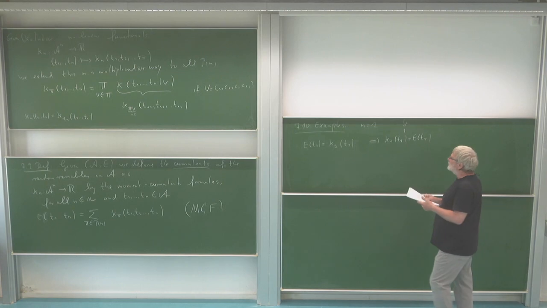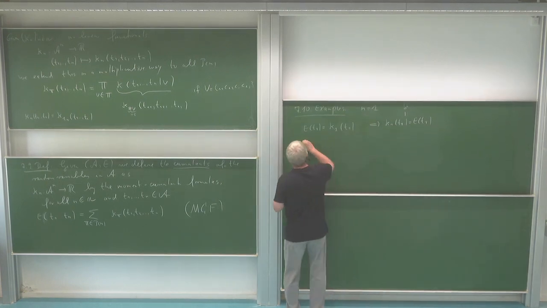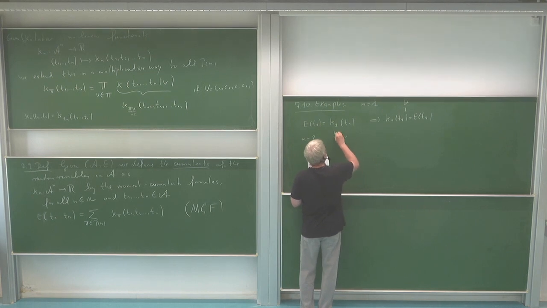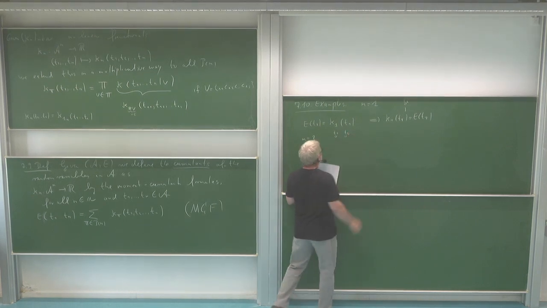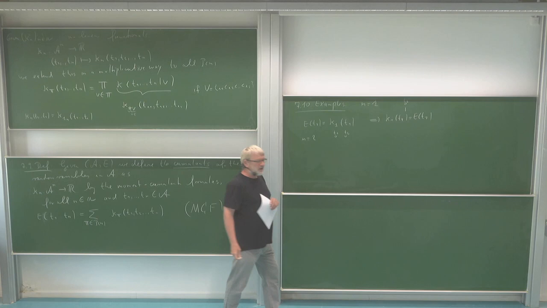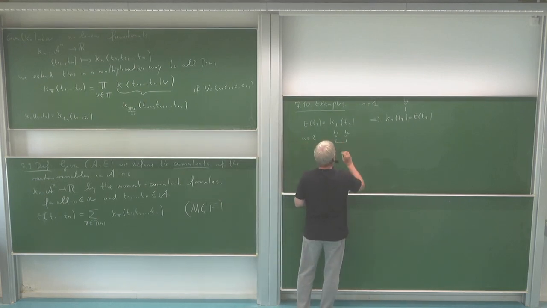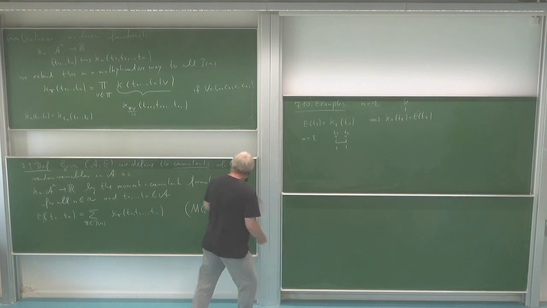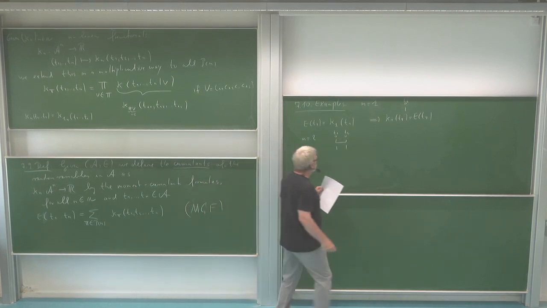Good, now more interesting, of course, n equal to 2. There I have 2 points corresponding to T1 and T2, and now there are 2 partitions. I can either take those 2 together, or I can take them separately. And this gives me 2 summands in my moment-cumulant formula.